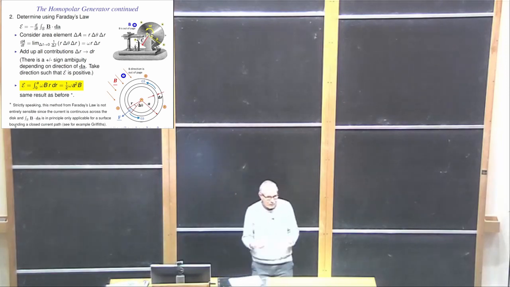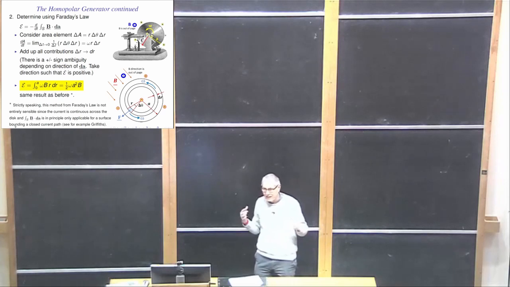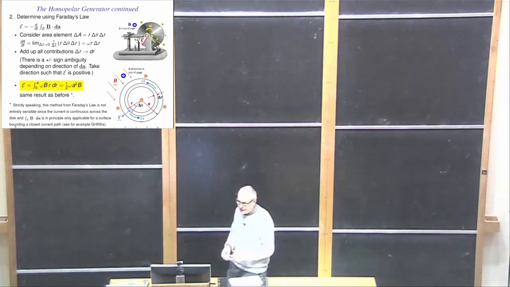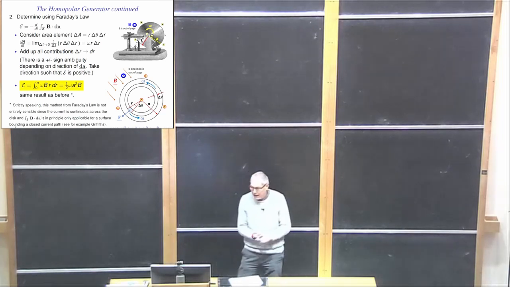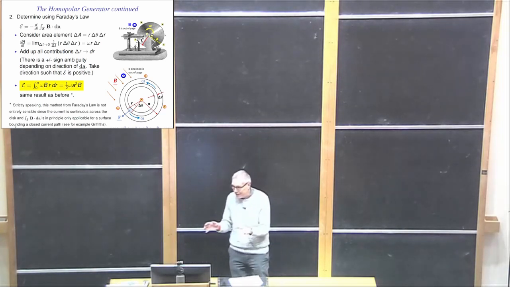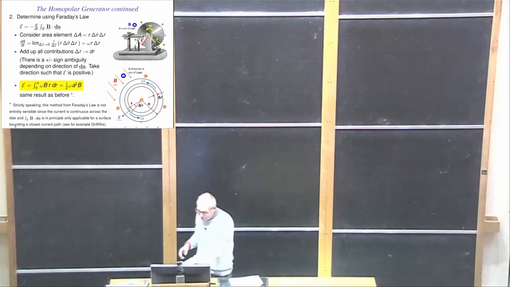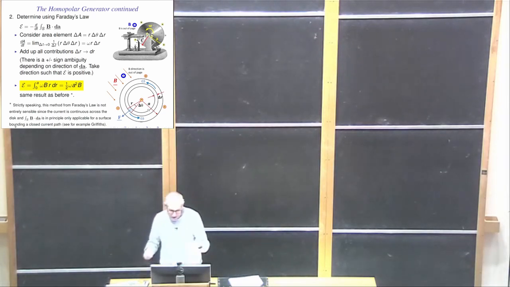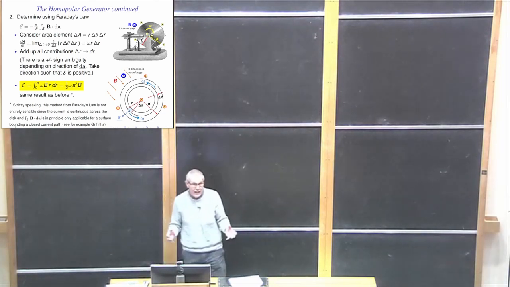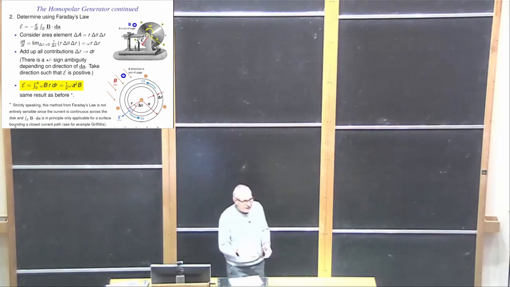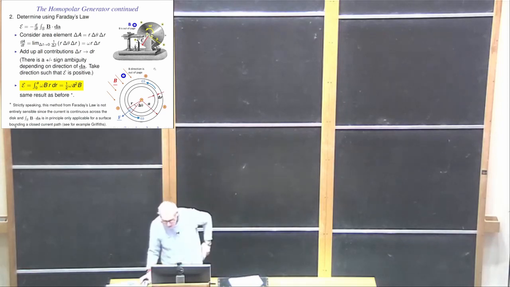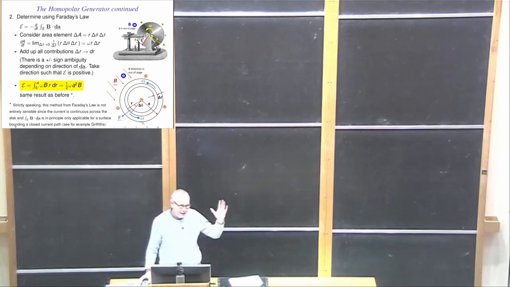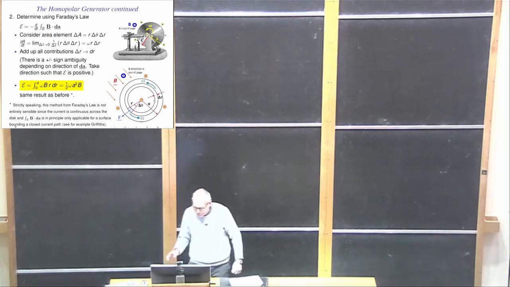Well, unfortunately, in this particular case, it's totally undefined because the method is dodgy. This method of using Faraday's law for the homopolar generator is standard in textbooks, but it is a dodgy method. I keep it in here, though I might take it out for next year.